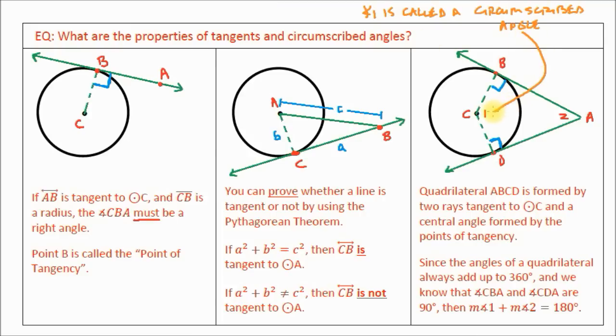It's just this angle, not any other angle 1s that you've listed. So a circumscribed angle, class, is an angle that is formed by two tangent lines, and it's the radii that form that new central angle. So that is called a circumscribed angle. Okay, that is the end of this video on tangents and circumscribed angles.